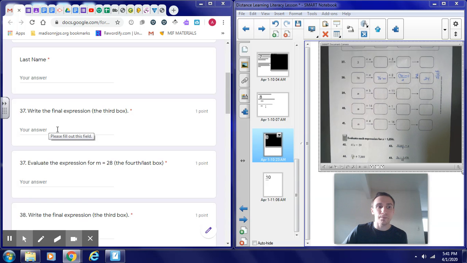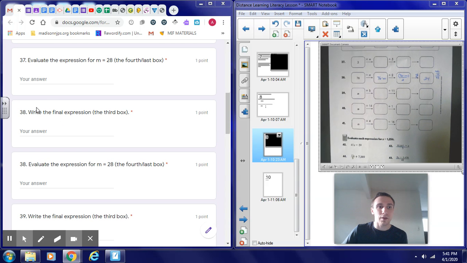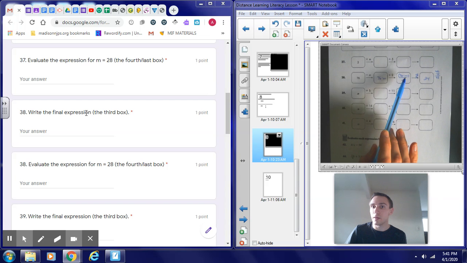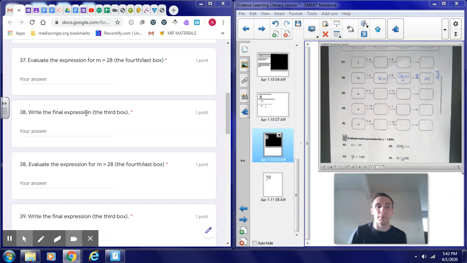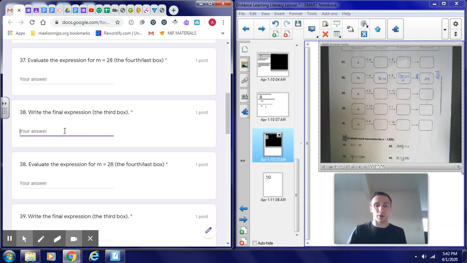Well, for number 38, the final expression is what I wrote in the 3rd box. And box 1, 2, 3, this is my 3rd box. 76 minus m divided by 2. So what I could do is type in my answer.